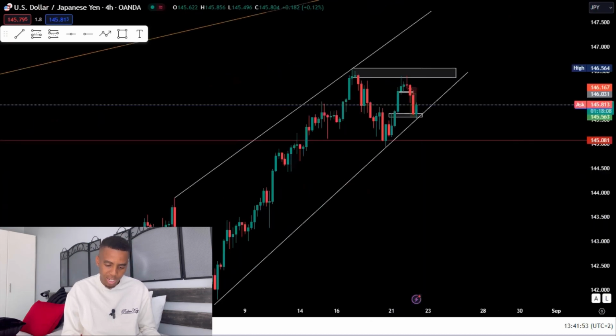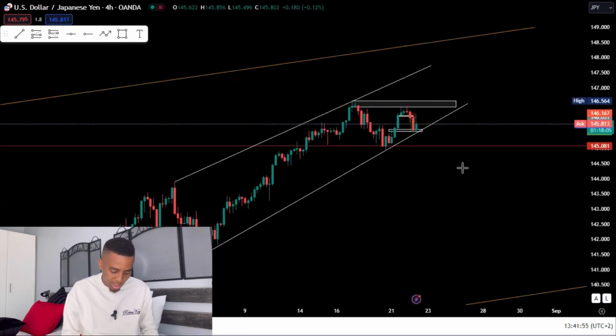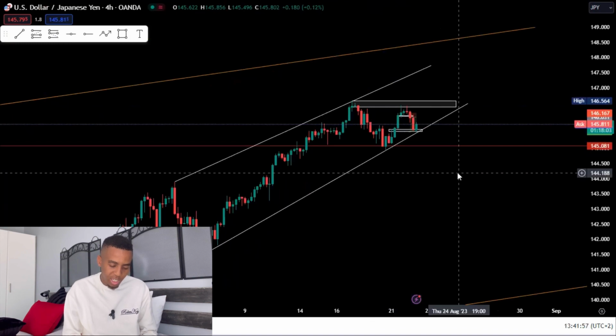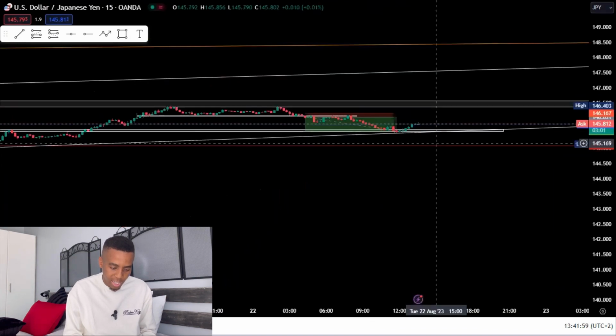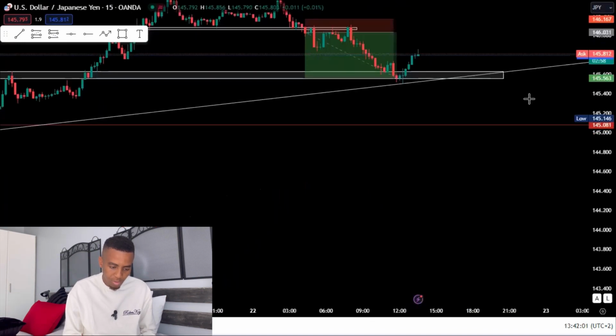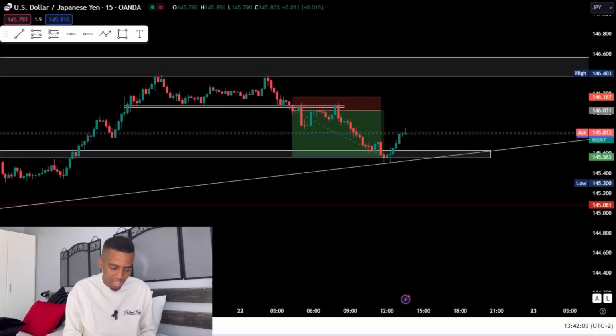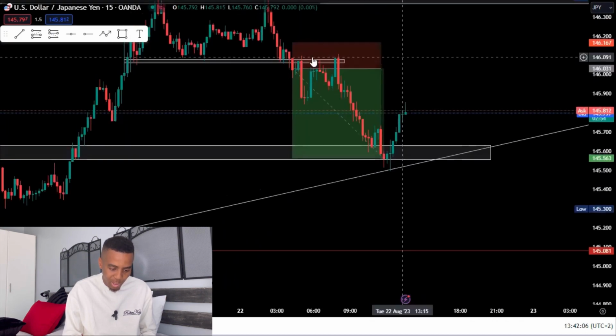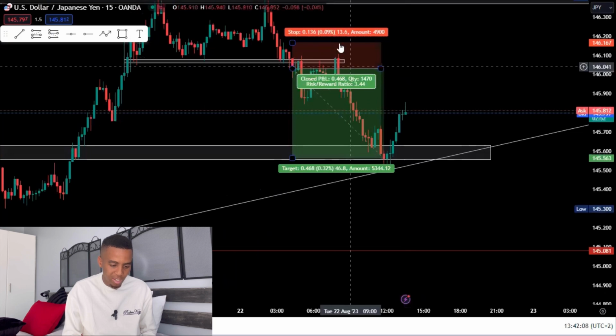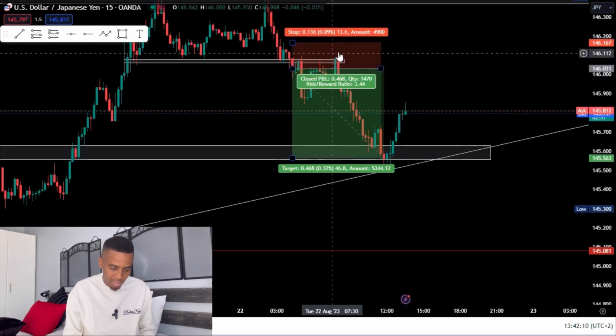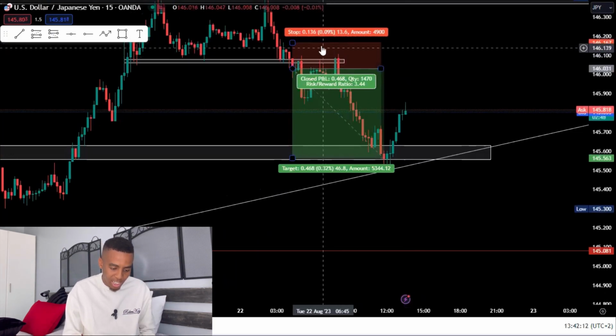It was. The reason why I took it is because I saw, okay, fine, at this point here my risk is small, bro. My risk was like 10 pips or something like that. I was risking that much and I took it here.